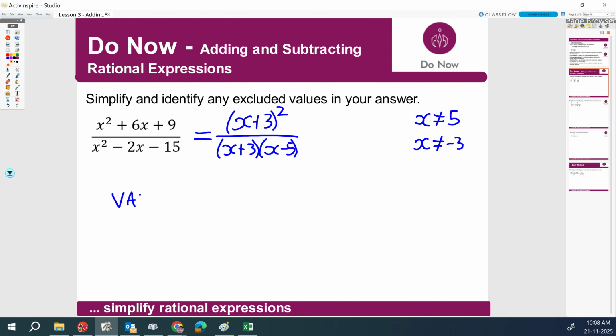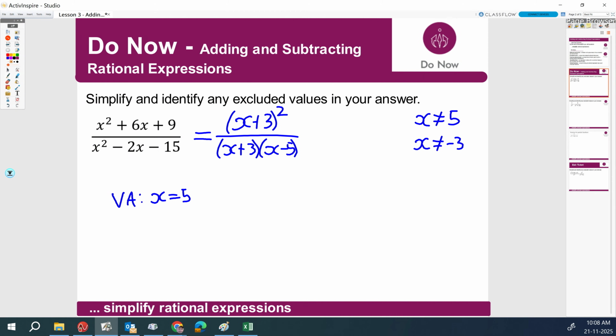This isn't part of the question, but just to connect to the last class, what would the vertical asymptote be? 5 isn't an asymptote. x equals 5 is an asymptote. So this is going to be a vertical asymptote.